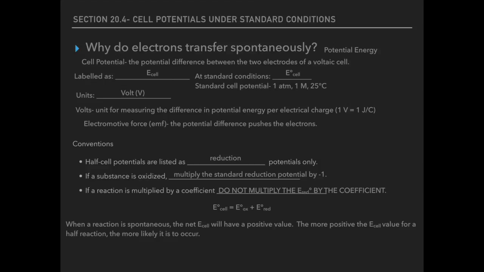Where this is useful is for a reaction, if it's going to be spontaneous, then its net cell potential is going to be a positive value. And therefore, the more positive the cell potential, the more likely it is to occur. And if you think about this, if you have a very negative cell potential, when you're talking about reduction potentials, that means that the reverse, the oxidation potential, is more likely to occur.